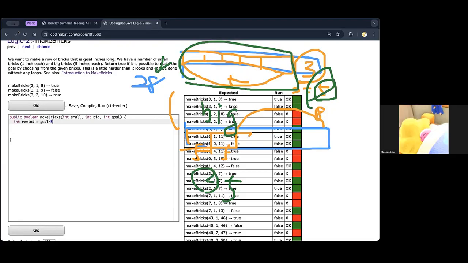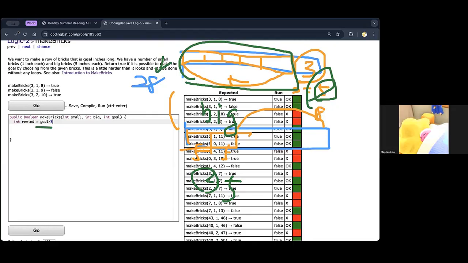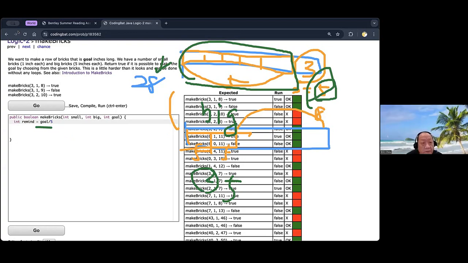You can divide it by 5 and take the integer, and then multiply it. The remainder may not use 5, you may use 2, depending on your big ones.